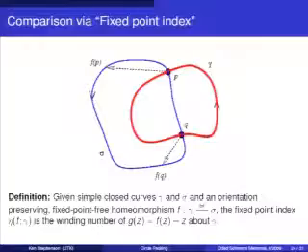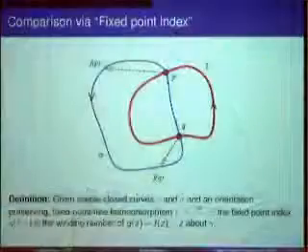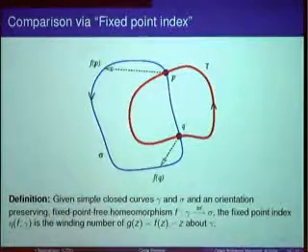So I'm going to assume that I have two simple curves, the red and the blue, gamma and sigma. And I'm going to define a homeomorphism between these two curves. I'm going to set up this little terminology. So this is a fixed point free homeomorphism, orientation preserving between these two curves. And I'm going to define the index.